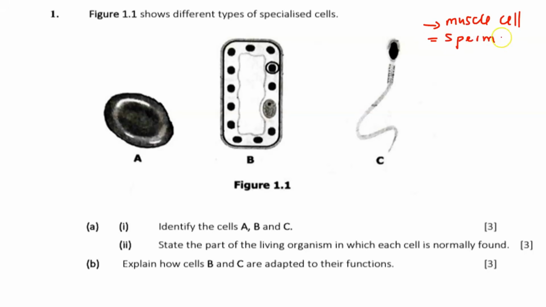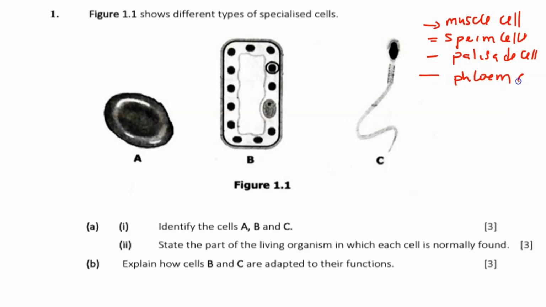Sperm cell. Then we have what we call the palisade cell. I'm just listing all the specialized cells, possible ones or common ones. Then the other one is the phloem cell.